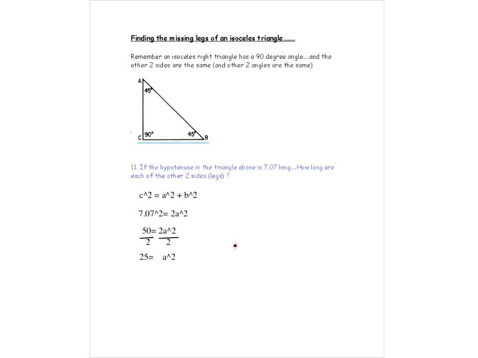So how much is a equal to? If 25 is equal to a squared, it's like saying 25 is equal to some number squared, right? 25 is equal to 5 squared, right? So 5 is equal to a.